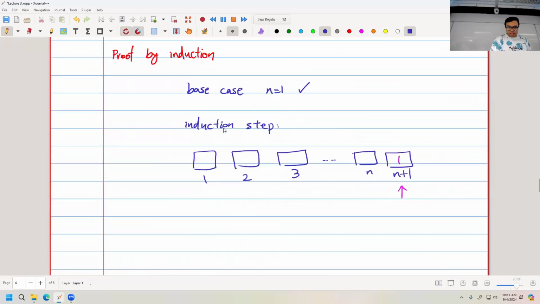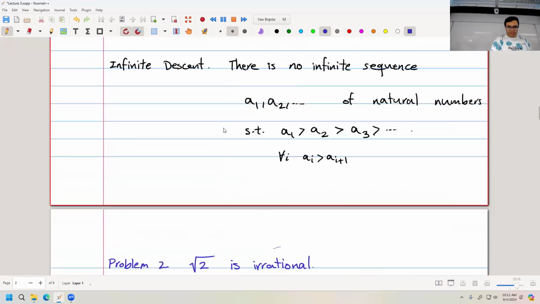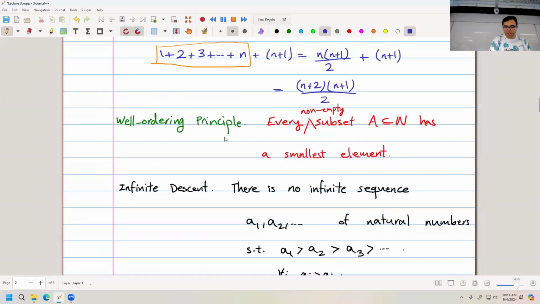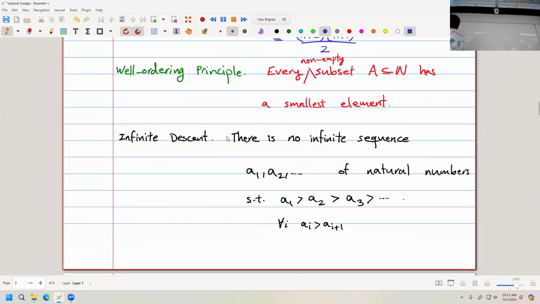Now, let's go back and let's see why these things are actually equivalent. Why is it that the well-ordering principle, the infinite descent principle, and mathematical induction are actually saying the same thing? In order to prove this, I have to show that each one of these statements, the mathematical induction statement, the well-ordering and infinite descent, implies the other ones.